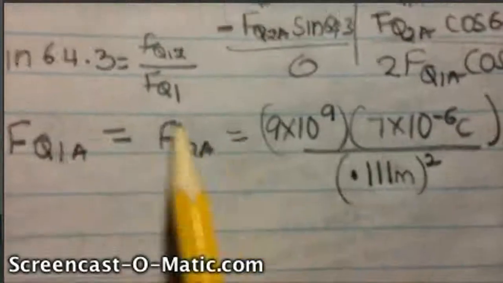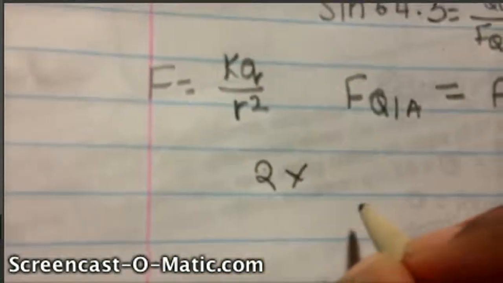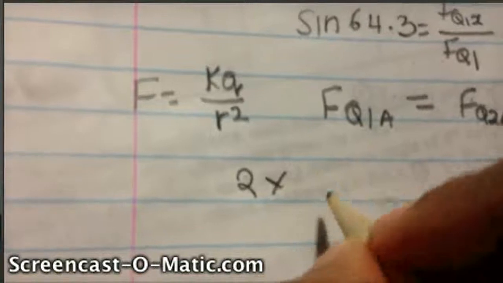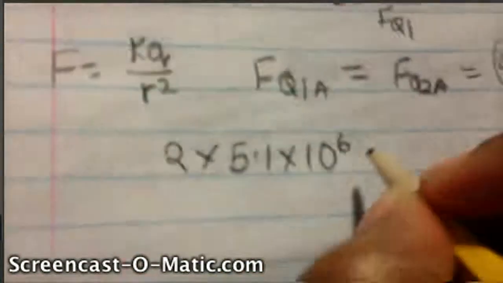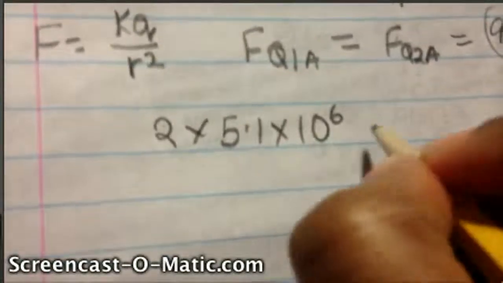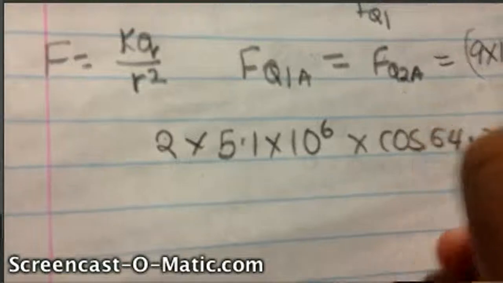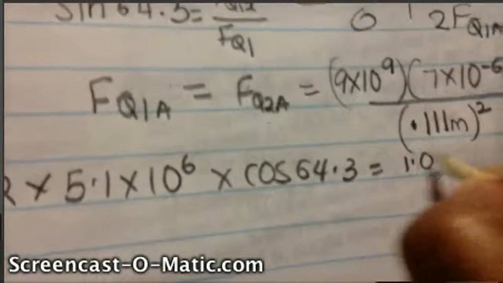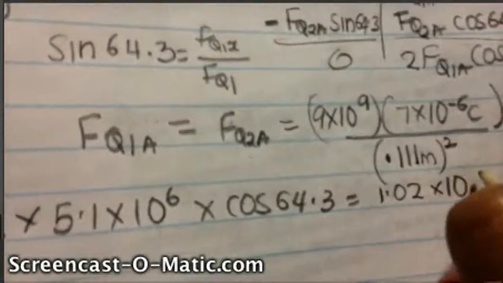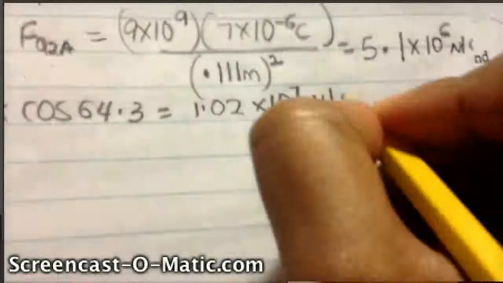So we found F of Q. Now we're going to do 2 times 5.1 times 10 to the 6th, times cosine of 64.3, and that comes out as 1.02 times 10 to the 7 Newton per coulomb.